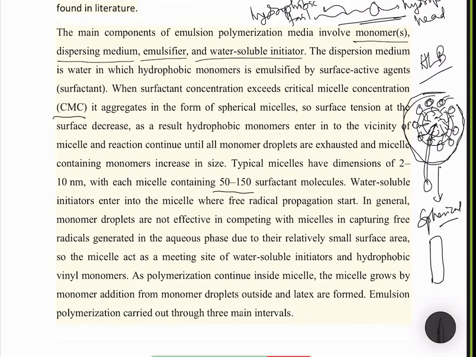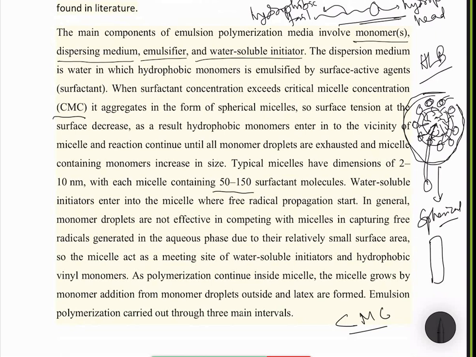That concentration is called the CMC, or critical micelle concentration. The surfactant above a certain concentration forms solubilized aggregated structures called micelles, and the concentration above which micelle formation takes place is known as the critical micelle concentration.